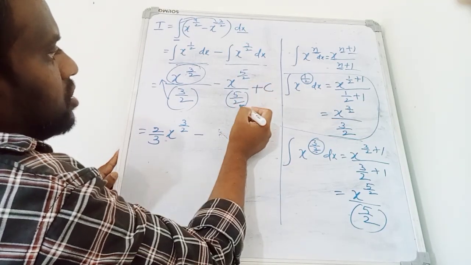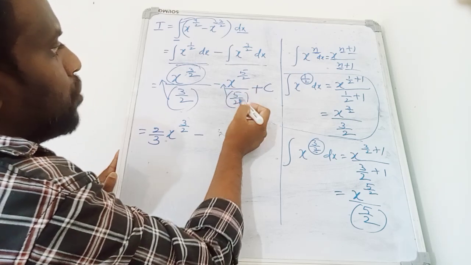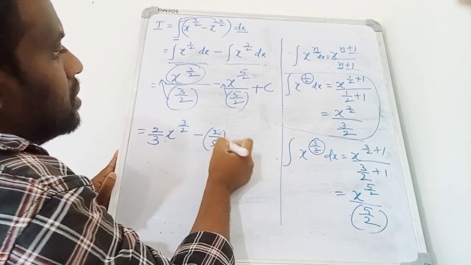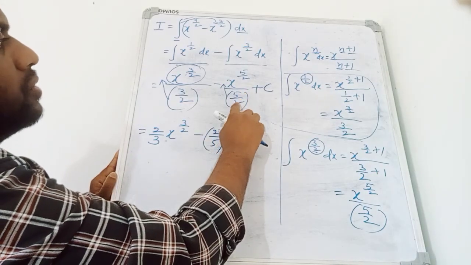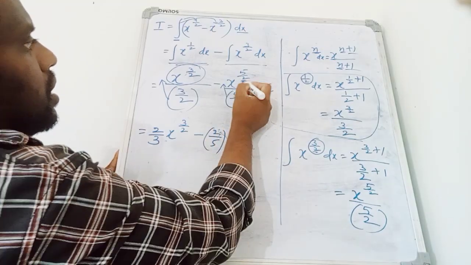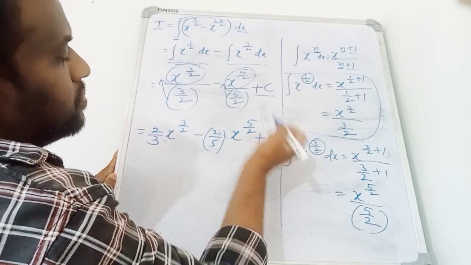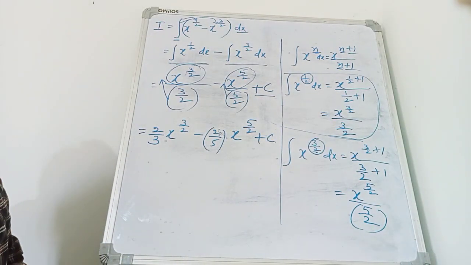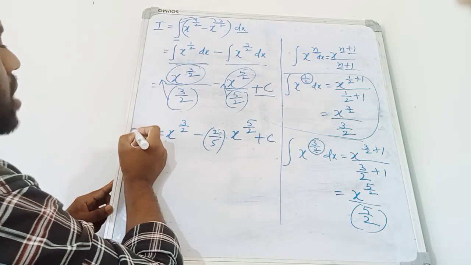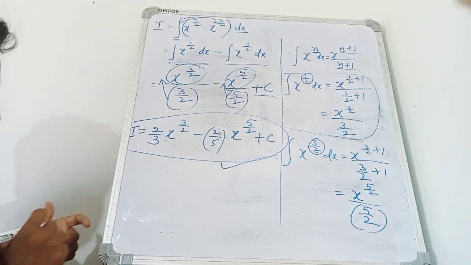Here too the 5 by 2 is in the denominator; when you bring it to the numerator, 5 by 2 becomes 2 by 5, reversed. Next write 2 by 5 times x to the power of 5 by 2, next plus c. See, this is the answer. So I is equal to this. This is the answer.